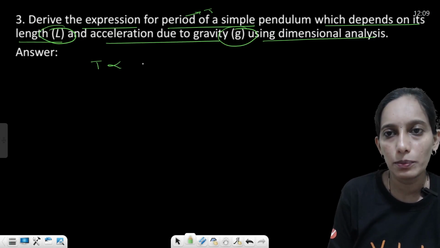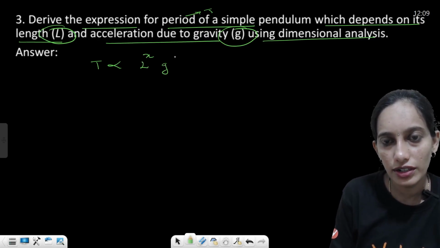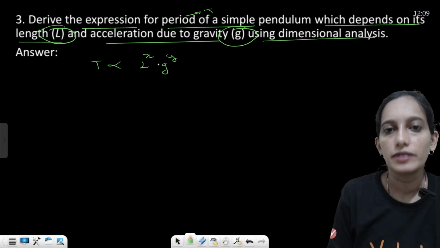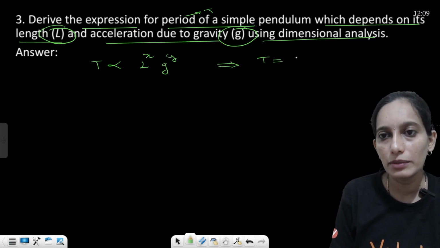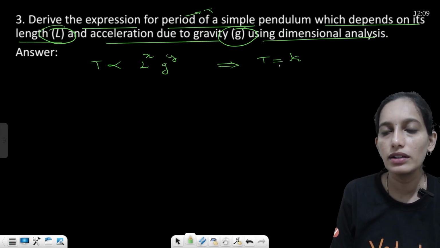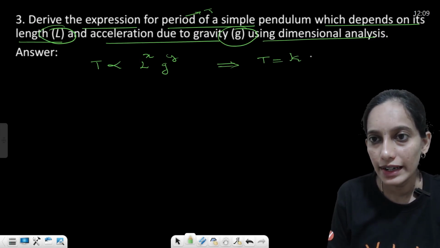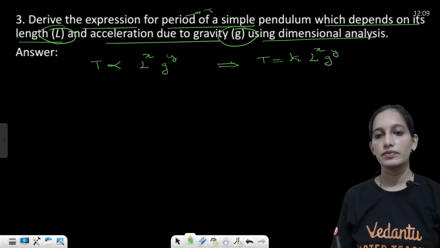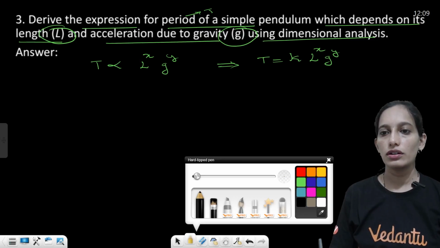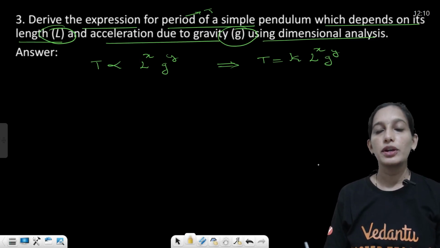So T is proportional to L raised to X and g raised to Y. For proportionality to become an equation, we introduce a constant, which I'll take as K. So T is equal to K into L raised to X, g raised to Y. This is what we are considering as the time period equation for a simple pendulum.